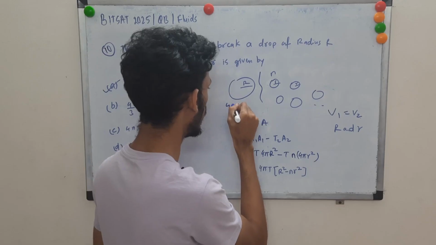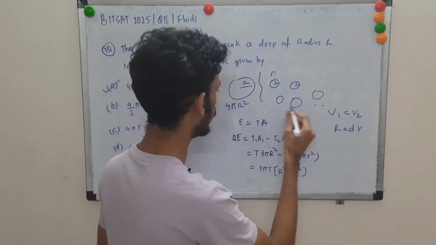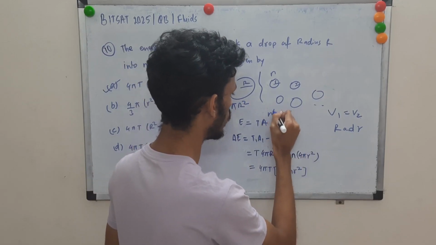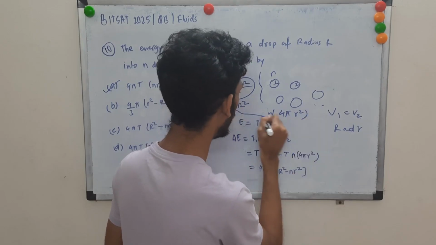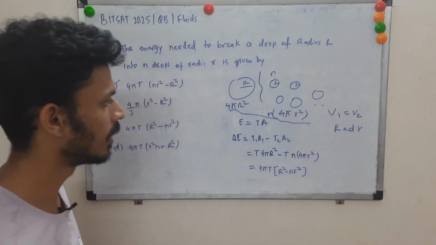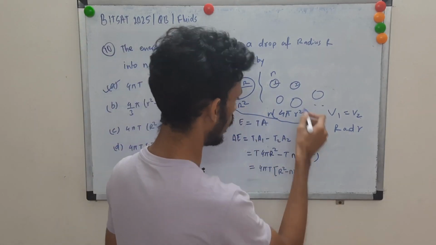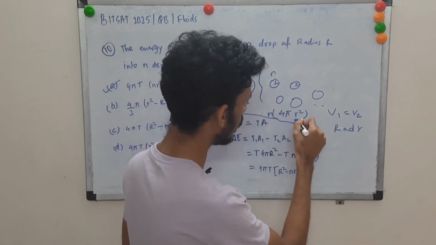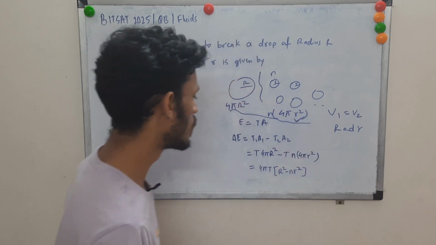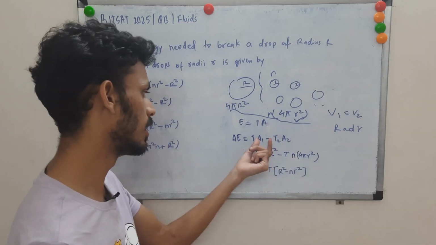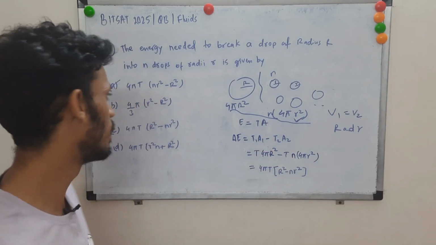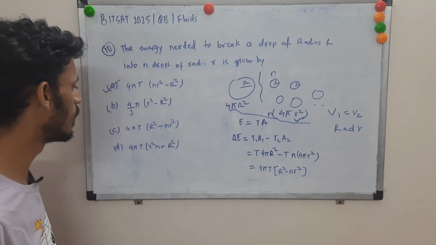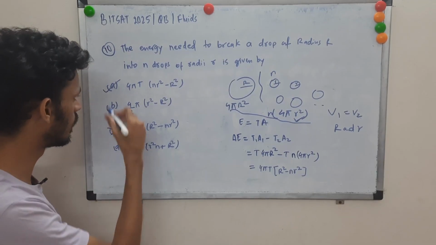If you find 4 pi r square and n times 4 pi r square, you can take any value of n, suppose 8, that will be helpful. If you calculate this, this area will be higher. So actually it's the other way around: this area minus this, that is the energy required to break. I hope the concept will be clear now. It's not this, it will be that.